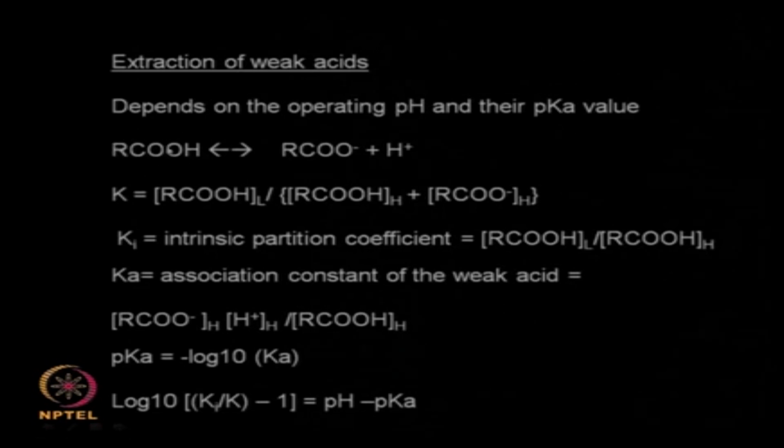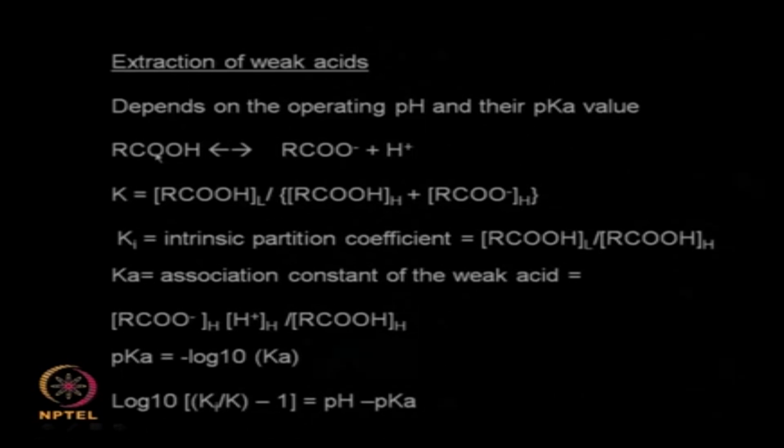Imagine a weak acid RCOOH, it dissociates to RCOO minus and H plus. Now the equilibrium partition coefficient K, by definition, there are 2 species here, and there is one species here actually, so you have to keep that in mind.